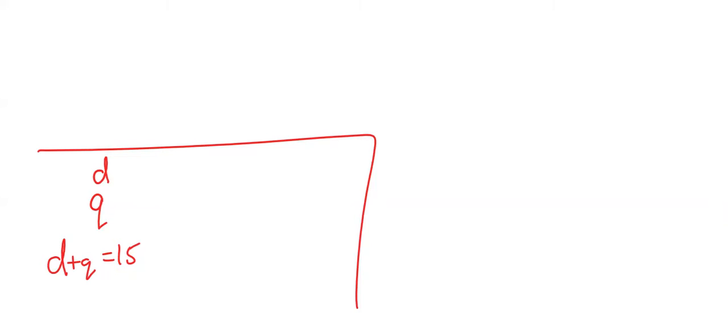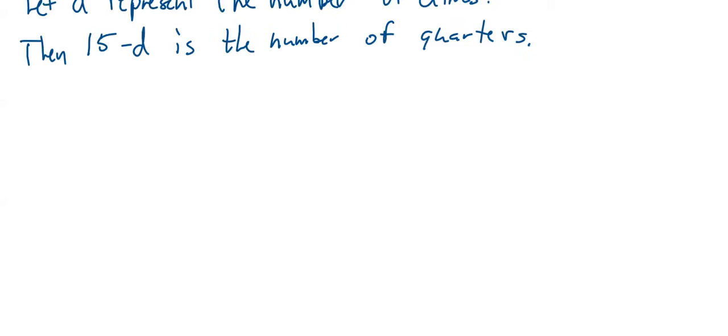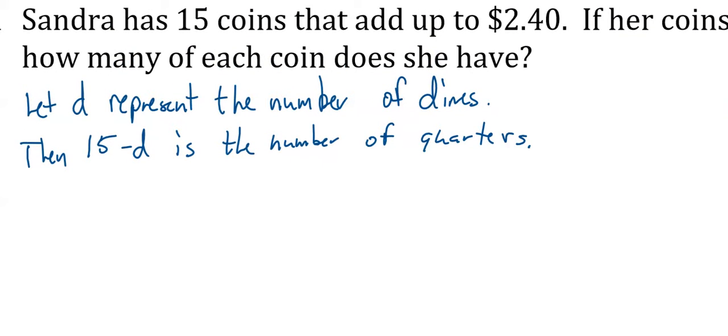If I move D to the other side, the number of quarters becomes 15 minus D. Same thing. If you use 2 variables, maybe this part becomes easier for you. But if you can come up with this expression without 2 variables, you can do it that way too. See how it's a little bit different, but it gets you the same place?